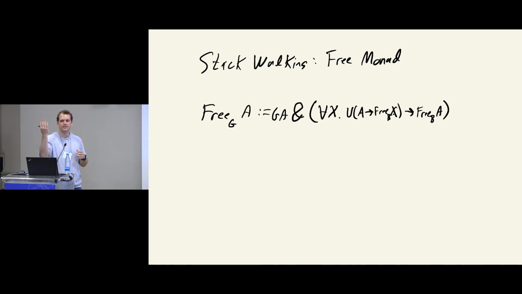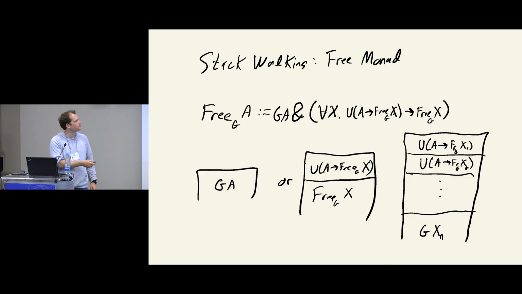I will behave as a G A if you want me to, or if you want me to, I will take a continuation from A to free X and give you a free A. I think this should be free X. Yeah, sorry. That's a little confusing, but I fixed it on this slide.